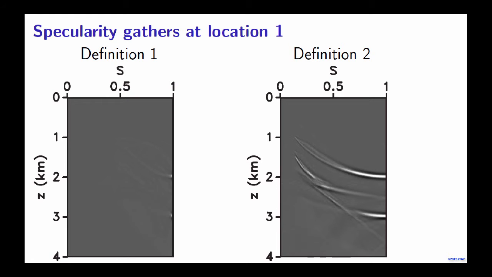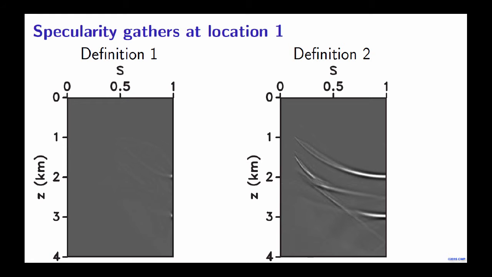On the left side of the panel, the energy is more focused towards higher specularity values. On the right side, computed using definition 2 of specularity, the energy is still focused more or less towards higher specularity values, but it's more spread.